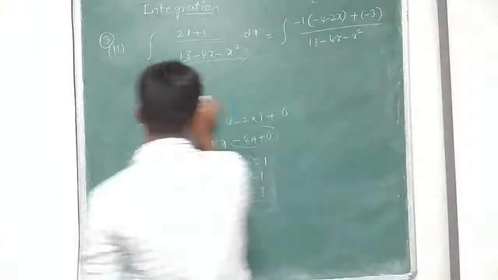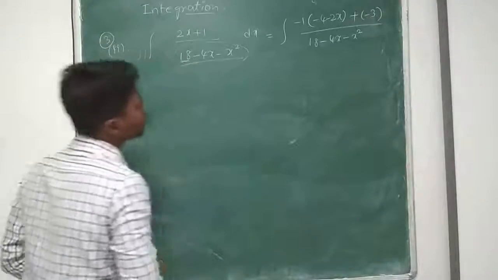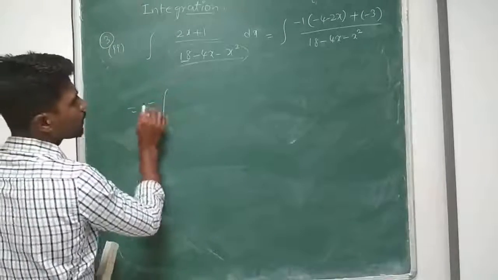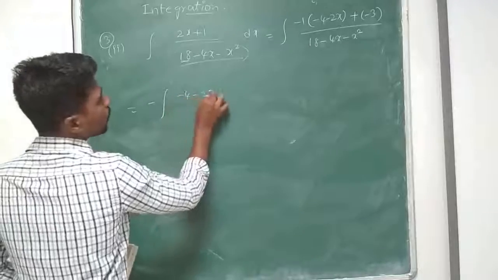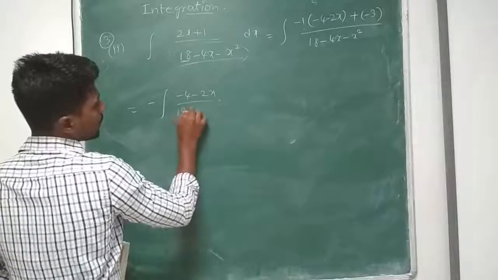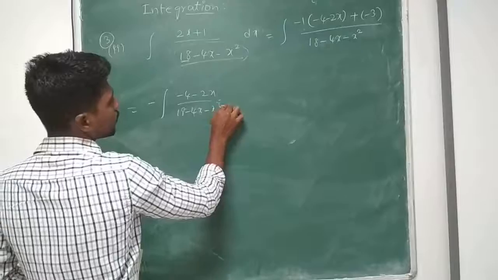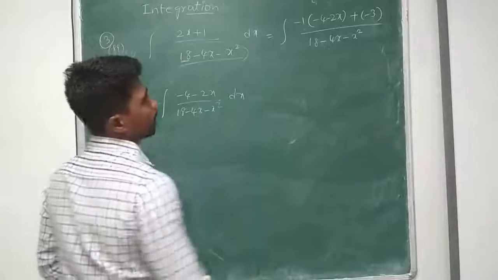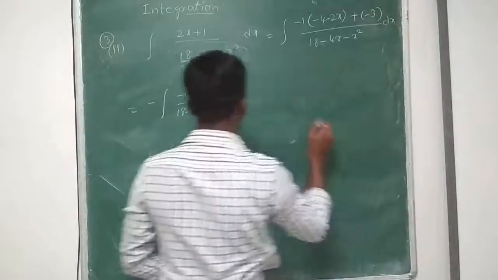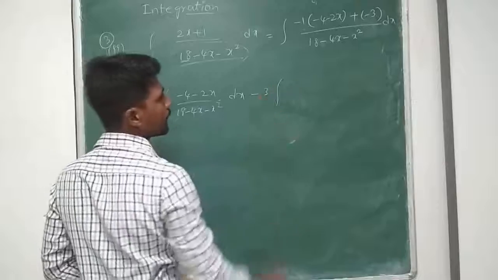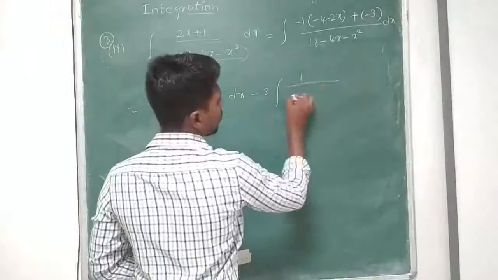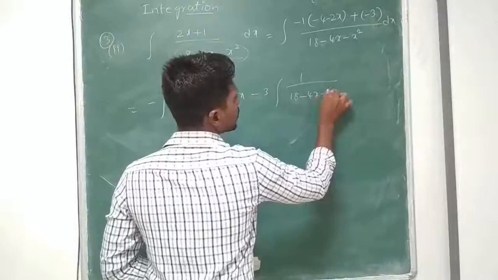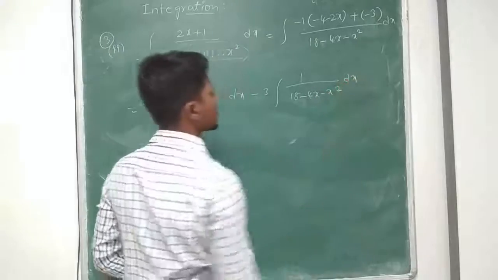Now simplify. So what we get? Which is equal to minus integral of minus 4 minus 2x by 18 minus 4x minus x square dx, minus 3 constant, take it out, integral of 1 by 18 minus 4x minus x square dx.